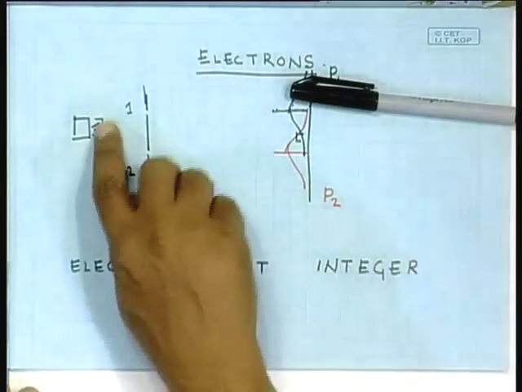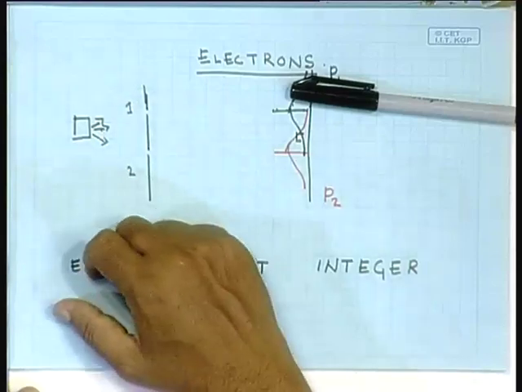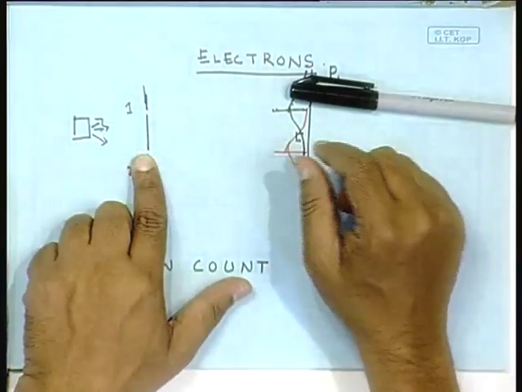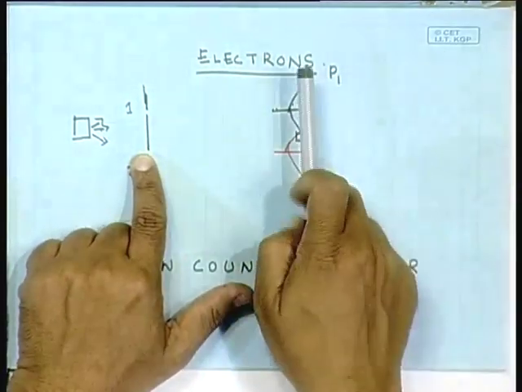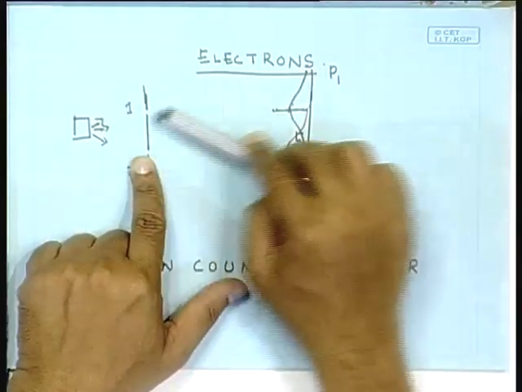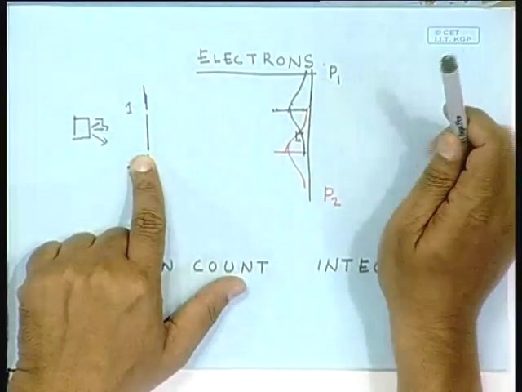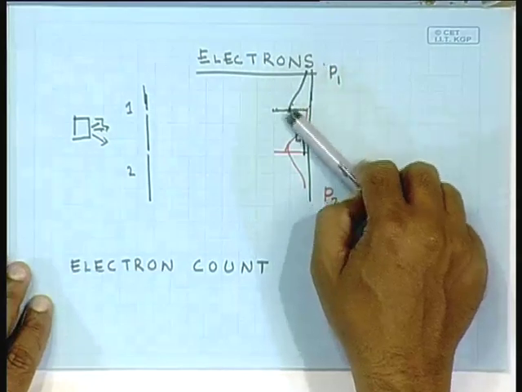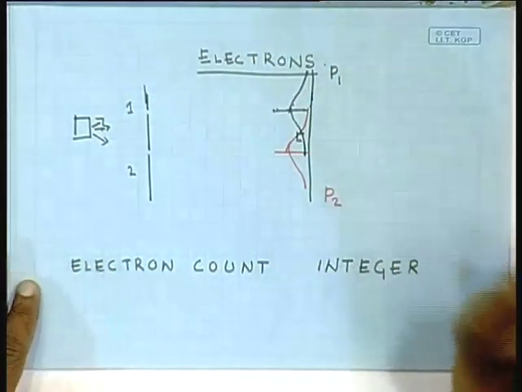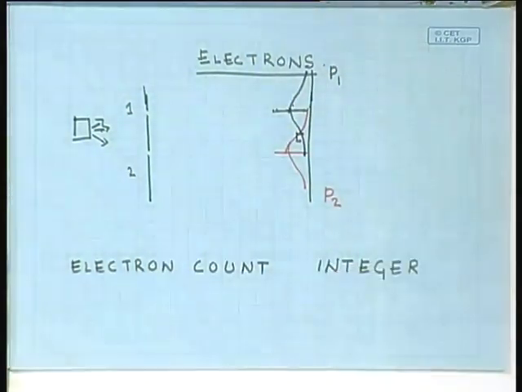You divide this by the total number of electrons that were sent out, and if slit 2 is closed, the ratio 3 divided by the total number of electrons that were sent out in the same time will give you the probability of the electron arriving at that point on the screen. The point here is that the electron count is always going to be an integer.